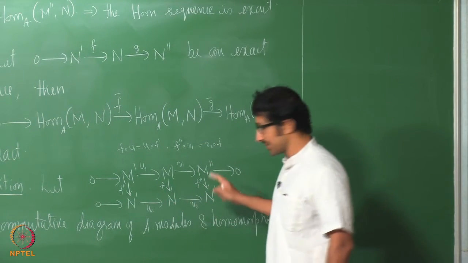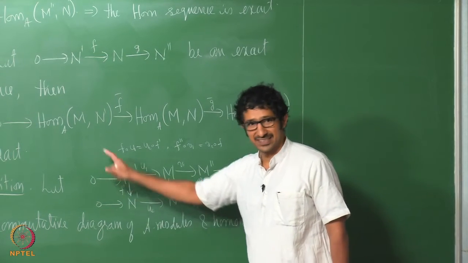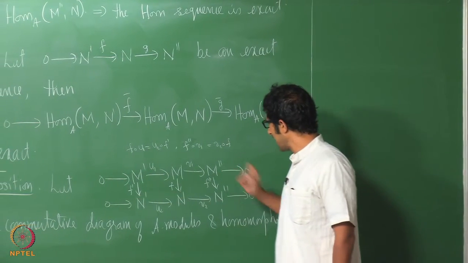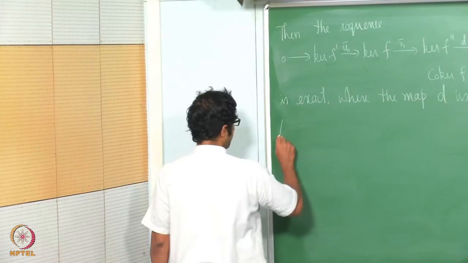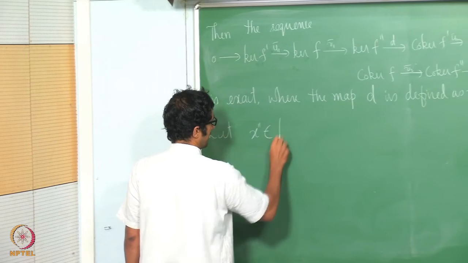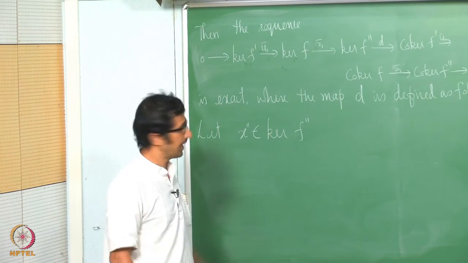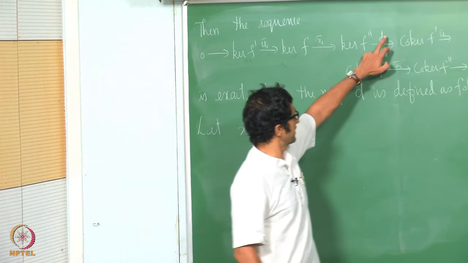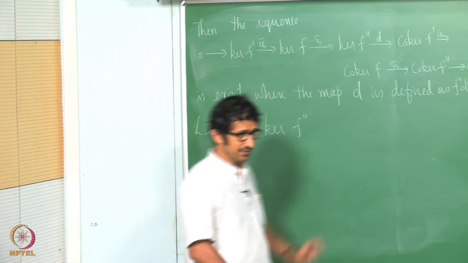So, what do I do? We have to keep chasing the diagram. I start with an element in the kernel of f double prime. So, let x double prime be in kernel of f double prime. I am trying to define what D is from here to here.